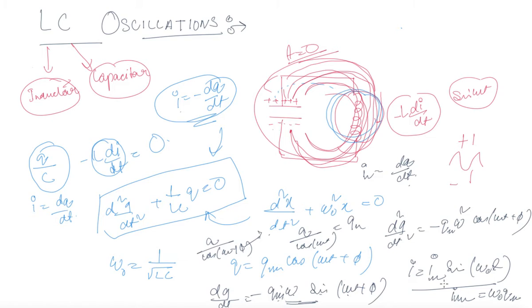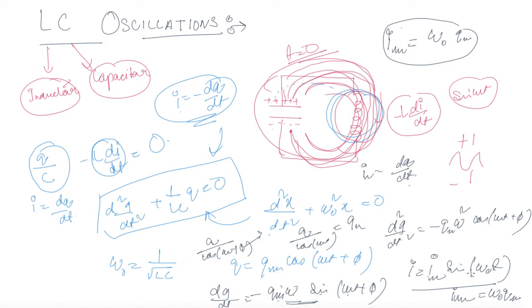So straight away, by using this relation, we can write that Im is actually equal to omega naught into qm. That is what we arrived at in a previous relation.